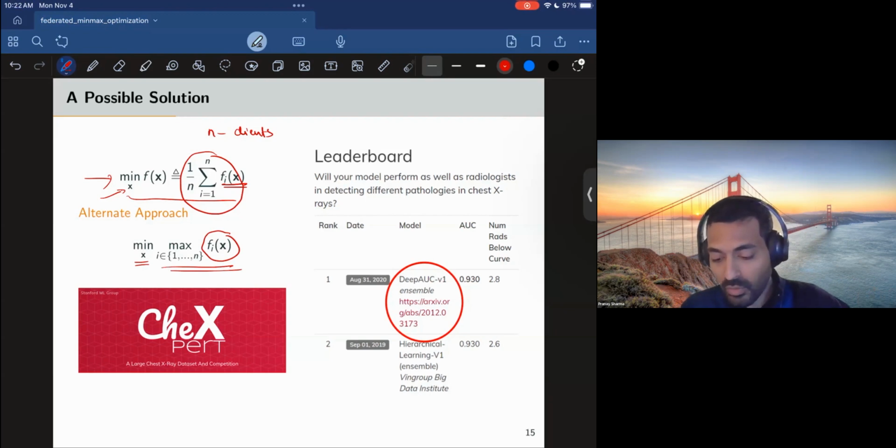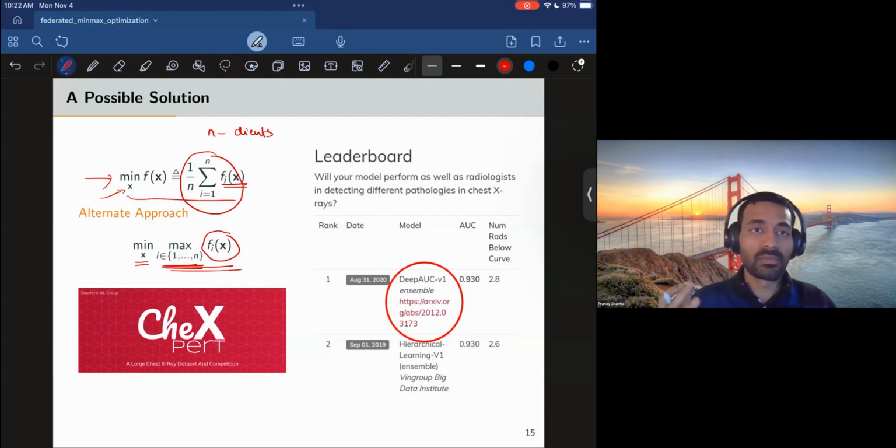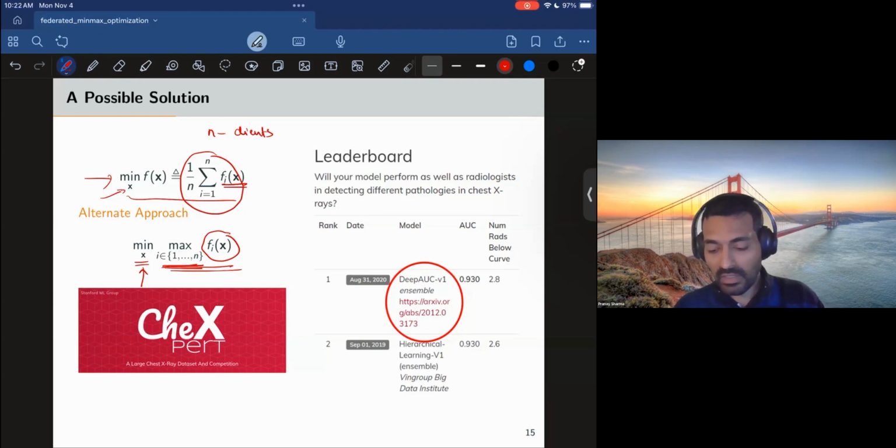And then we try to achieve the best possible performance at the worst possible client, right? So we try to look at what is the highest possible loss across all the clients, and we want to minimize it. Or in other words, we want to achieve the best possible accuracy at the client which is worst affected. So both of these are equivalent things.